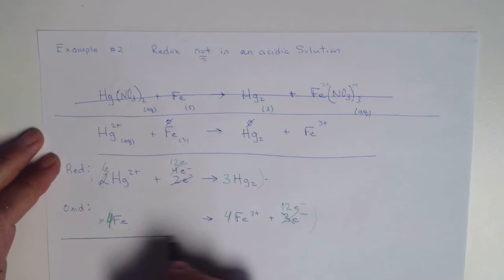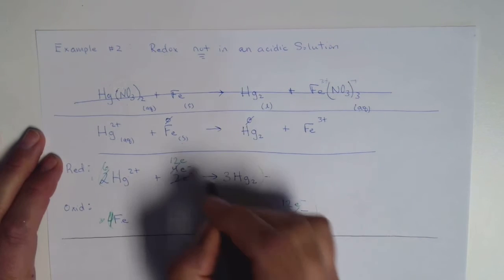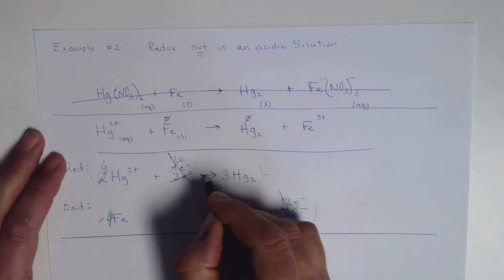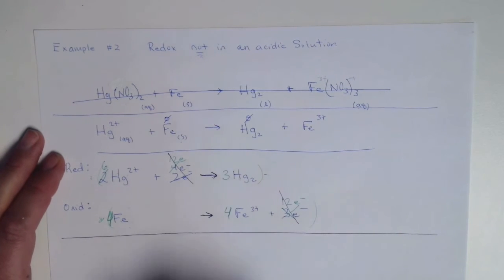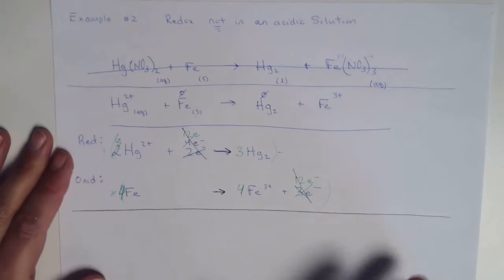Okay, now before we add everything up, if we've got the electrons coming and going equally, we can cancel them out, because that's the whole goal, saying they're coming and going equally. It's not that they go away, we're just saying they're equal, so now we've done that. I don't need to write it in the final. I did it up above.